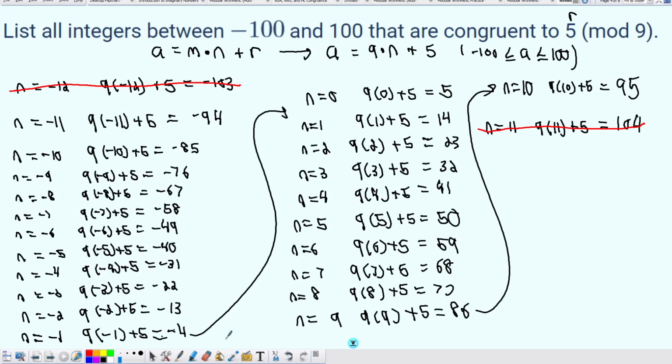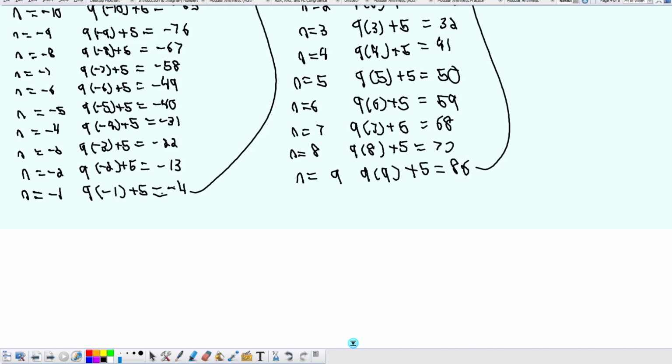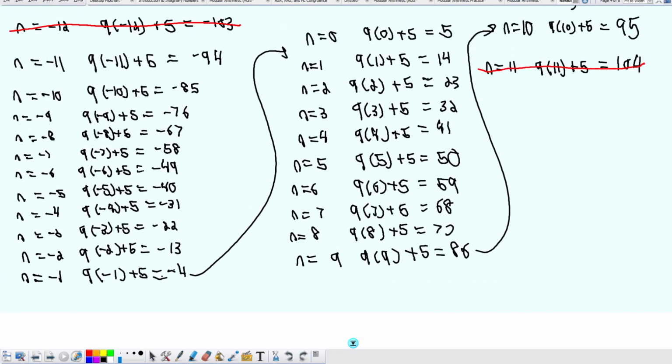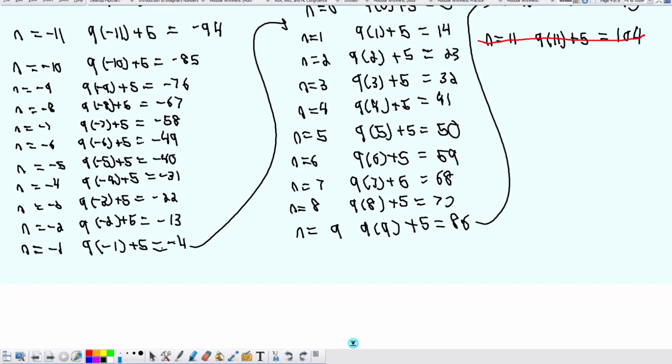So what this establishes is the most fascinating thing, that all of those values we just discovered, I'll write them in blue, are congruent to each other under modulo 9.